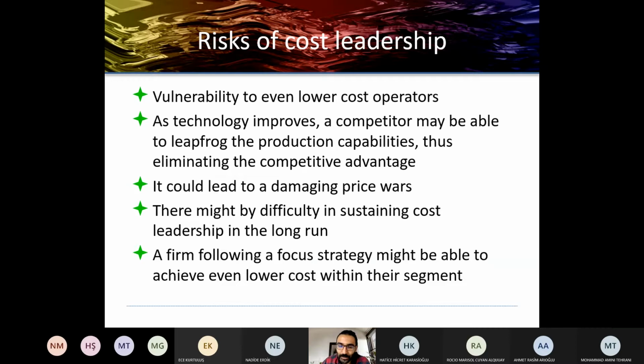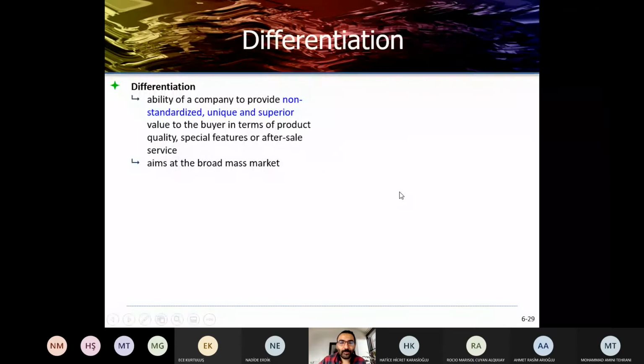And also focus strategy: following companies might be able to achieve lower costs within their segments. The focus strategy, I will come to that. What does that mean? But these risks occur, right? Lowering the cost does not always give you a sustainable advantage.